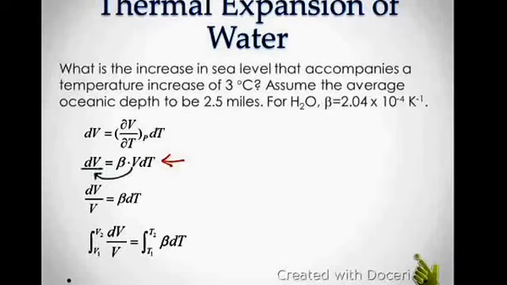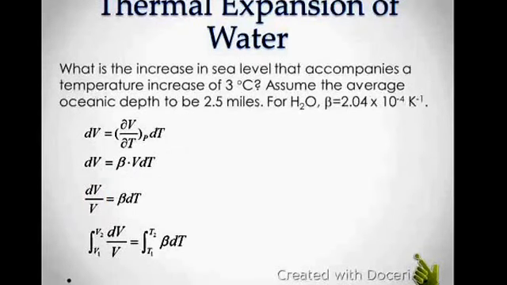So what we're going to do is divide through by volume, and that's going to give us this expression here, dV over V equals beta times dT. And then of course, what do we need to do to get the change in volume? In this circumstance, the answer is integrate, which is of course our standard answer to the vast majority of questions that we have in this course.